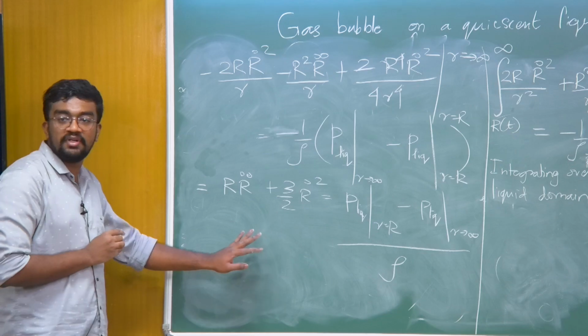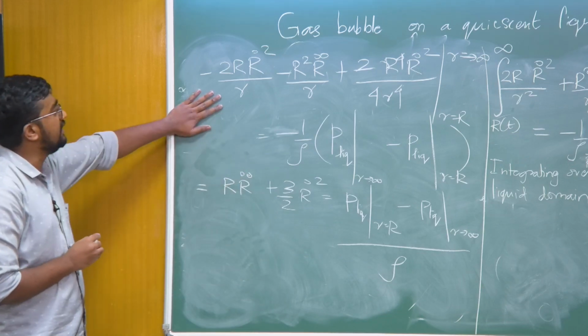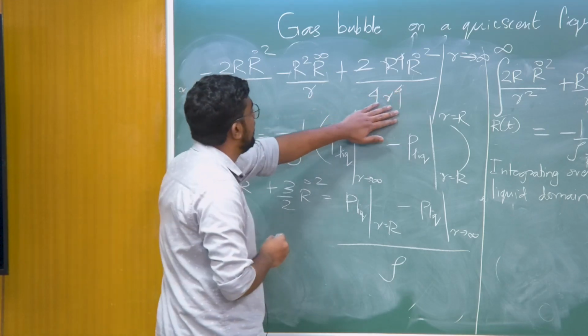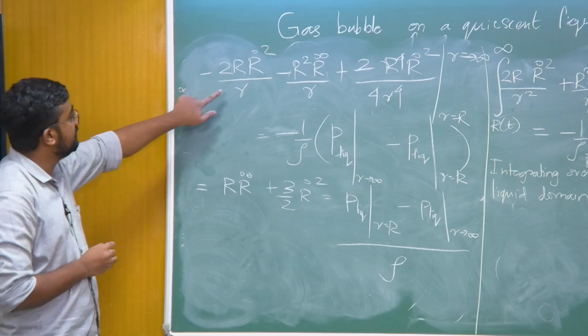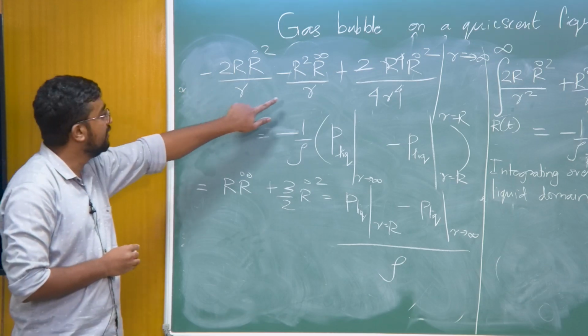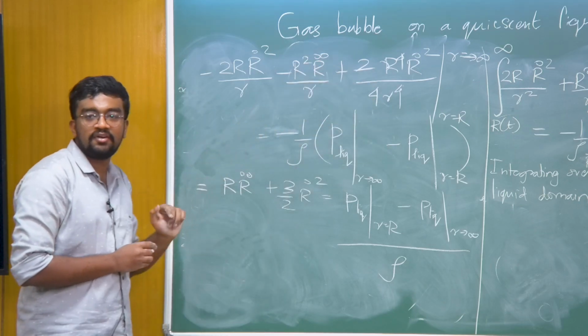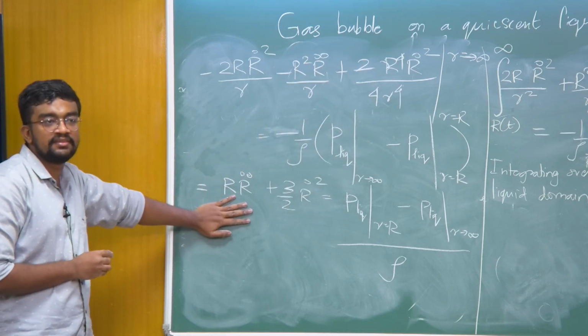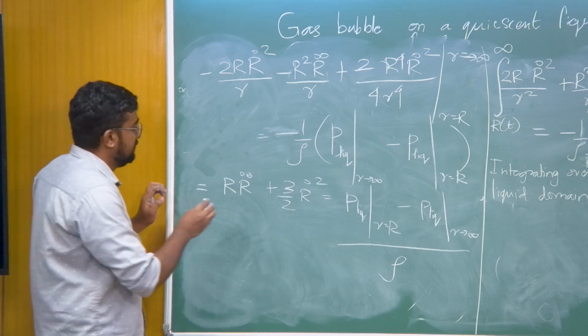Were you able to obtain this? When you substitute infinity, the entire expression goes to 0. You have minus of this by capital R power 4. You cut off everything, you should get something like this. Please check.